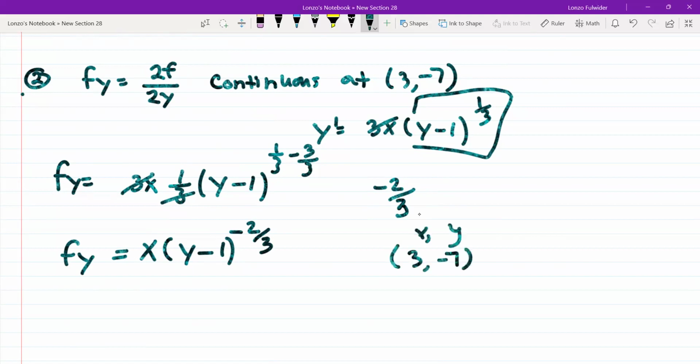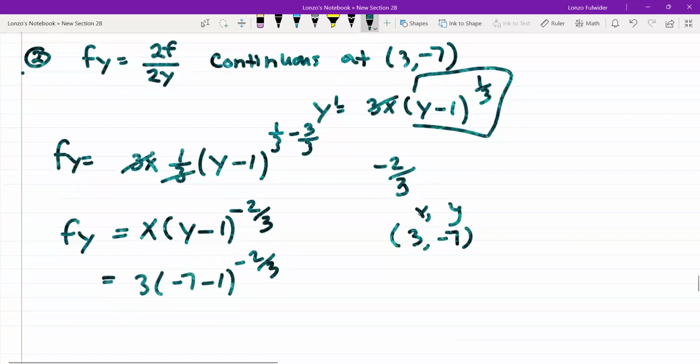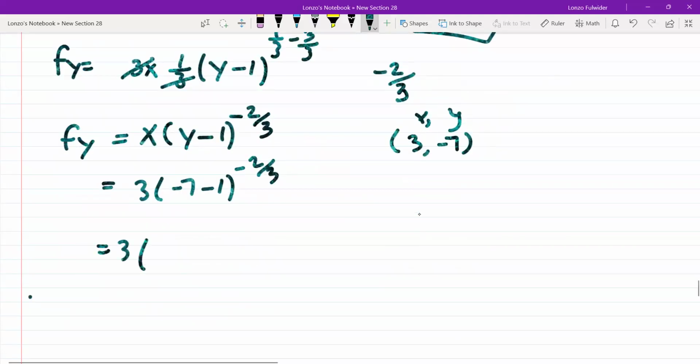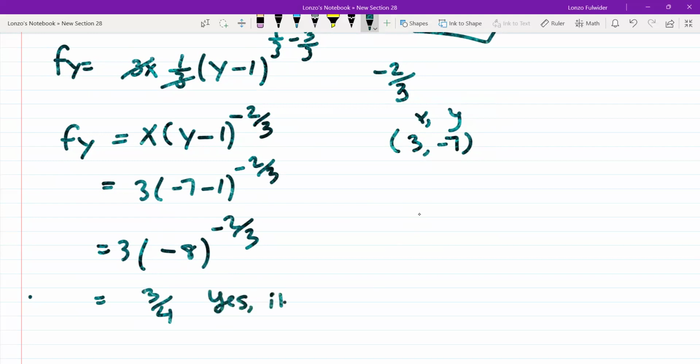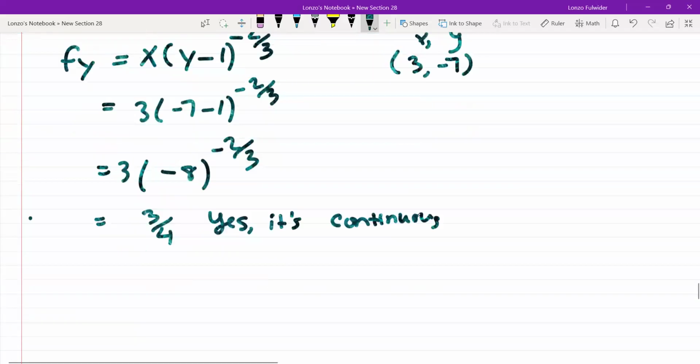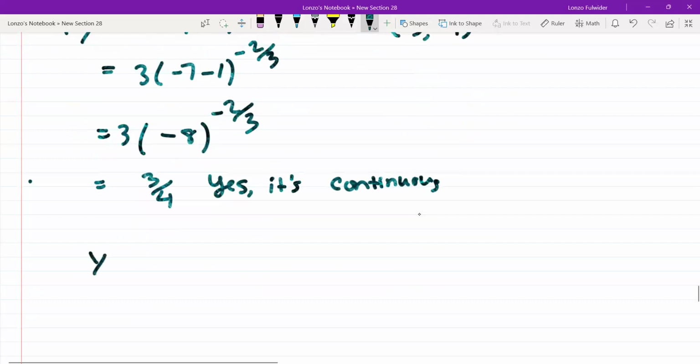Here's your x, here's your y. My x is 3, my y is negative 7 minus 1 to the negative 2/3. So it's going to be 3, and then negative 7 minus 1 is negative 8 to the negative 2/3. You put it all together, it's 3/4. So yes, it's continuous. And yes, it's a unique solution.